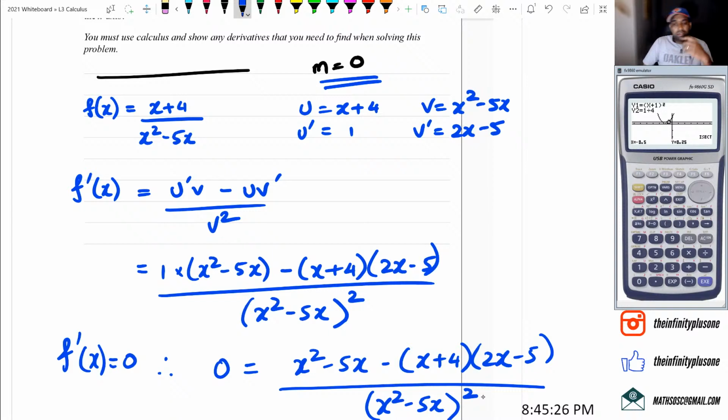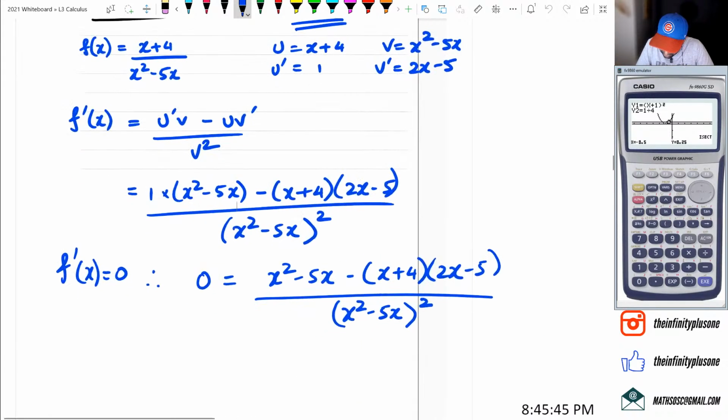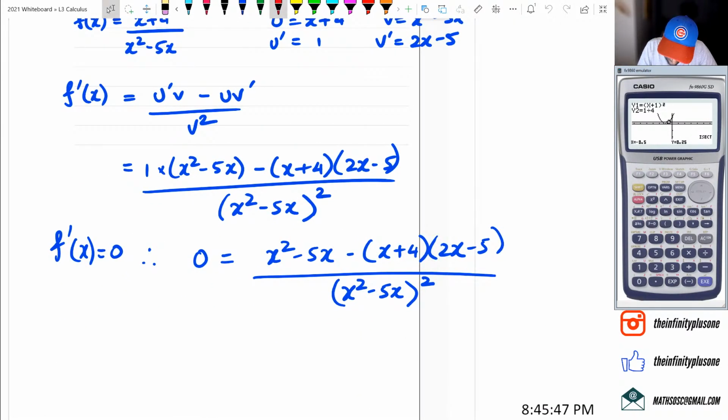Another thing to remember: whenever you have the quotient rule and you're putting the gradient equal to 0, the denominator might look super ugly, but don't worry about it, because when you take the denominator to the left-hand side, you're multiplying it by 0, so it's going to disappear anyway. So when I bring this up to here, it disappears, 0.